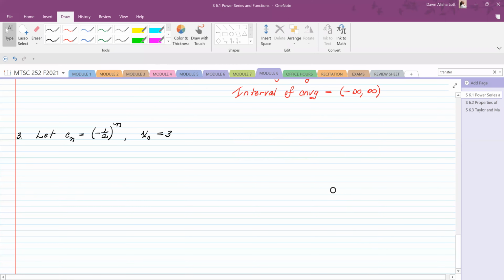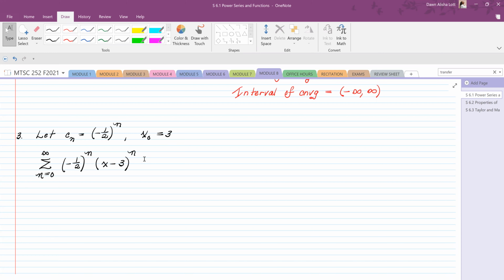Okay. When I do that, my series becomes the sum n equals 0 to infinity of minus 1/2 to the nth power times x minus 3 to the n. So that's the power series that corresponds to c_n being minus 1/2 to the n and x naught being 3.